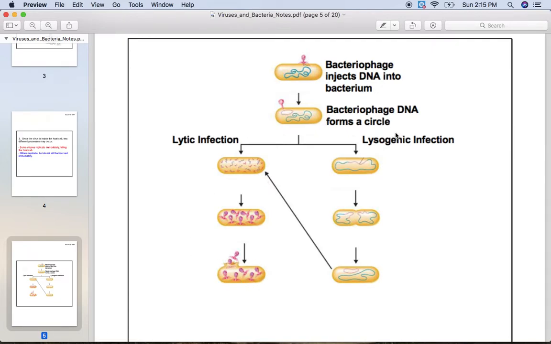Now, a cold sore, on the other hand, the way it reproduces is called lysogenic. The virus's DNA actually combines with the host cell's DNA. It's kind of hiding within the cell's DNA. And as these cells reproduce, the virus's DNA gets reproduced along with it.